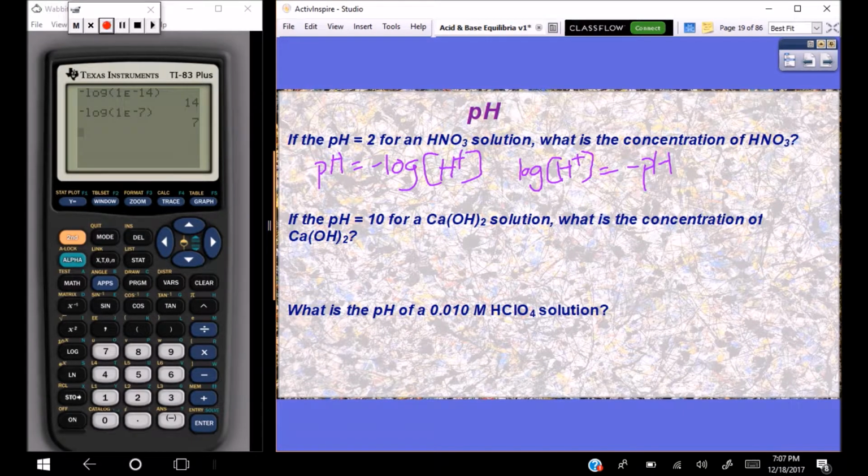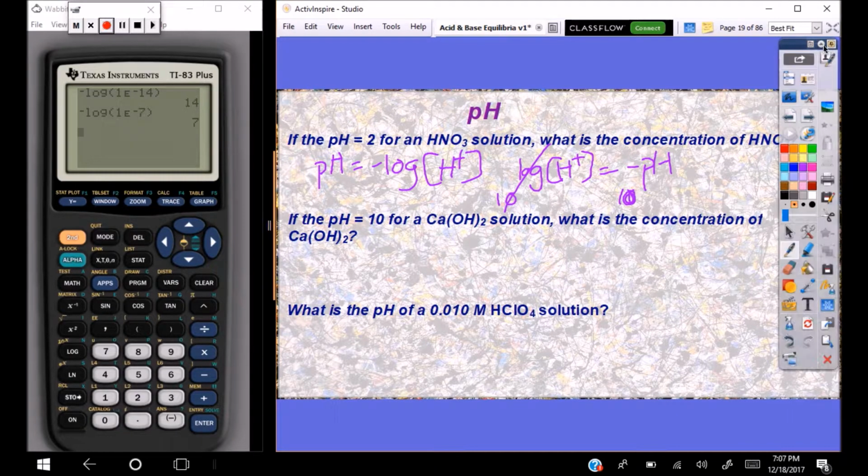And then to get rid of the log, I could raise it to the power. So this cancels out, and I end up getting the concentration of H plus is equal to 10 raised to the negative pH. So I'm going to do just that. I can say concentration of H plus is equal to 10 to the negative pH.